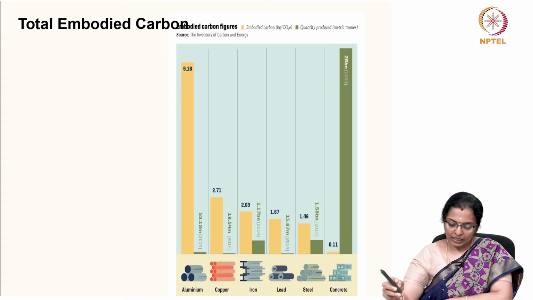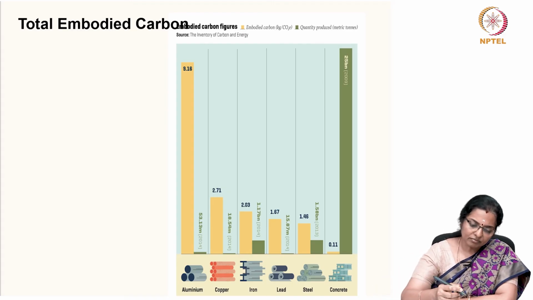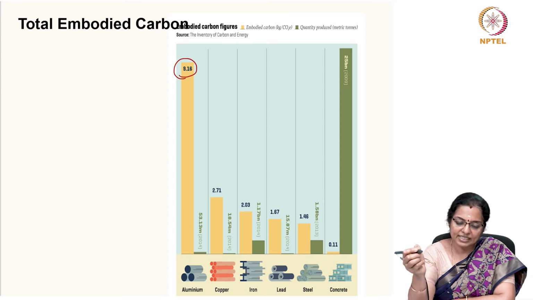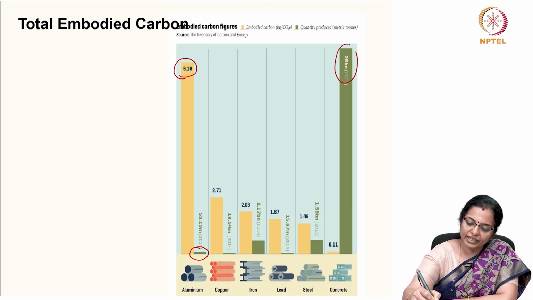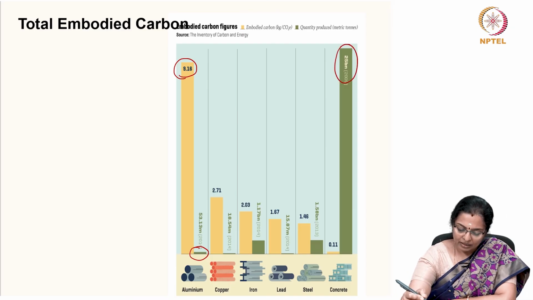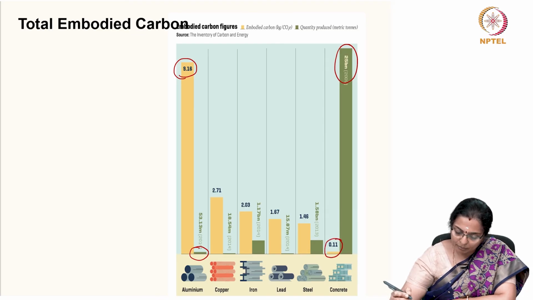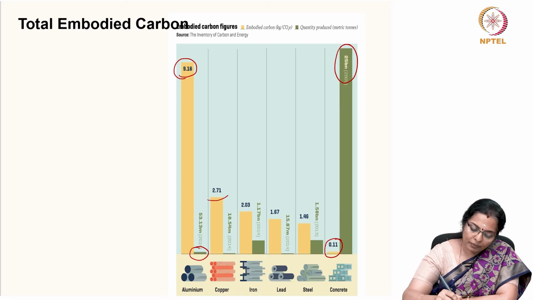So, if you see, aluminum has embodied energy of 9.16 kg carbon dioxide equivalent, but its consumption is abysmally low compared to concrete. But the concrete's embodied energy is pretty low. It's the same with copper.